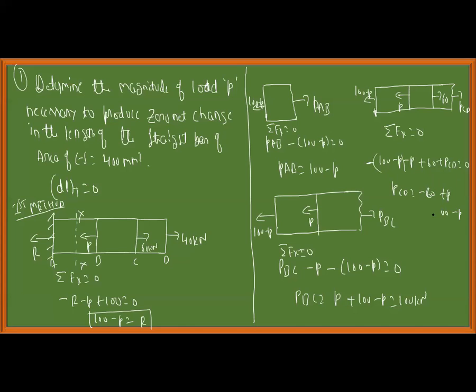Minus of minus is a plus. So PCD is equal to 40 kilonewton.